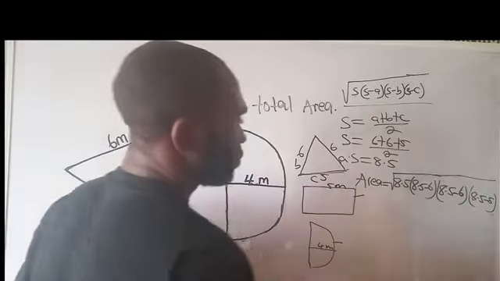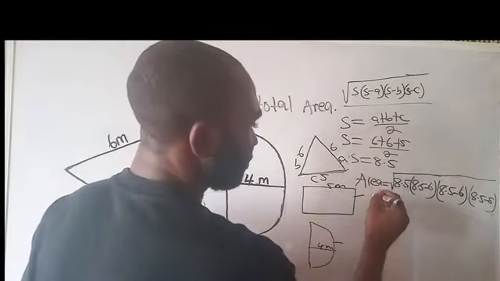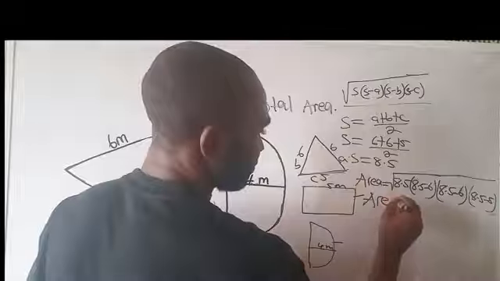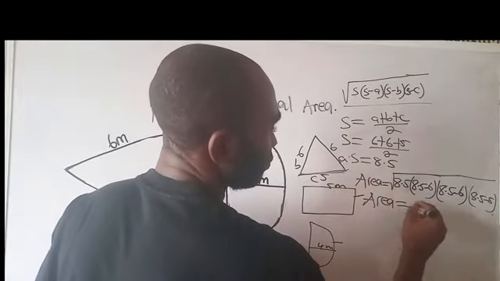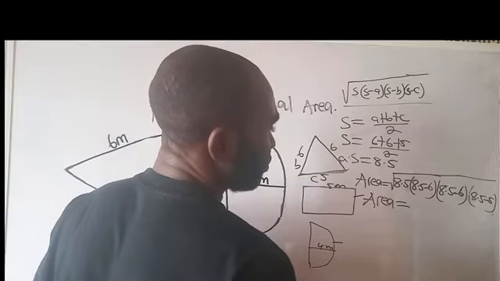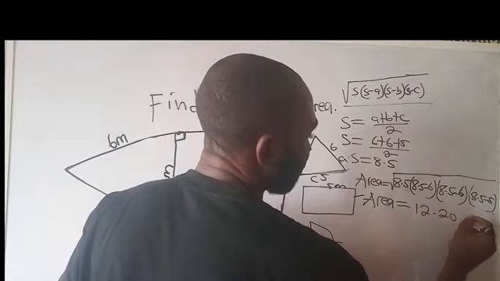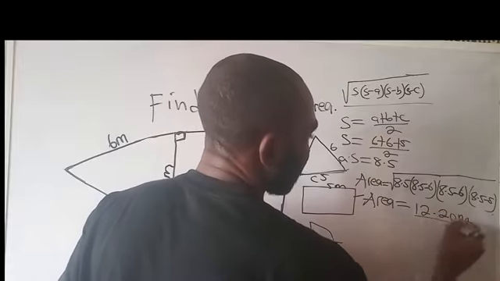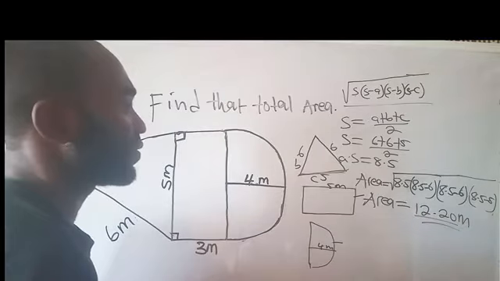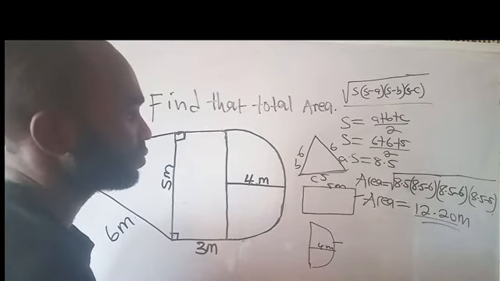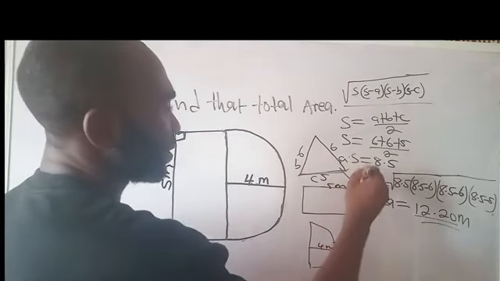When you do everything, the area here will be approximately 12.20 square meters. So that is the area of this triangle.